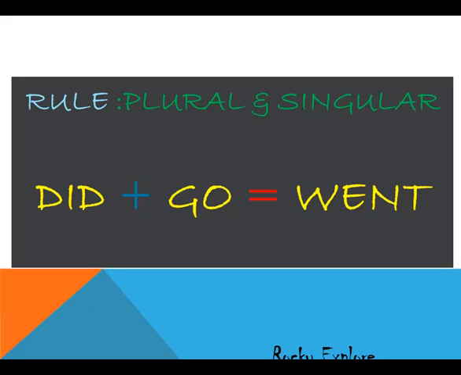Did is the constant and the verb, here go, is the variable. It can be varied depending on the variable verb, and the result is changed. You can use this whenever you need to construct past tense.